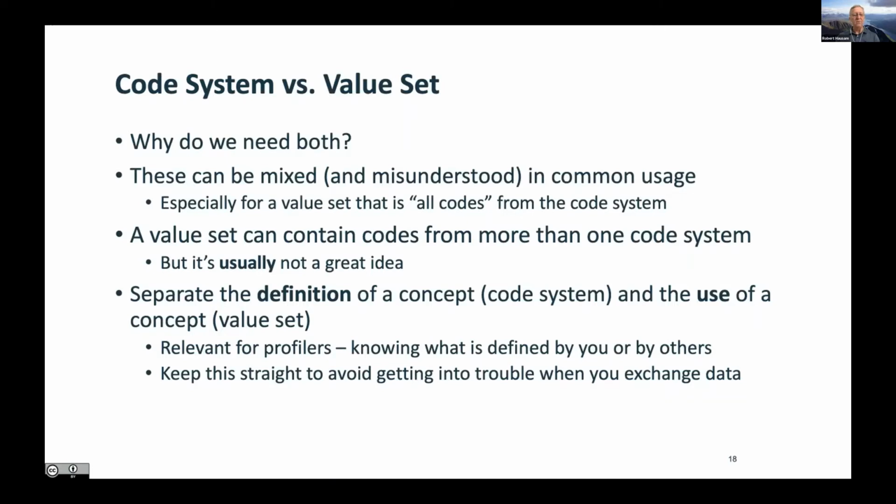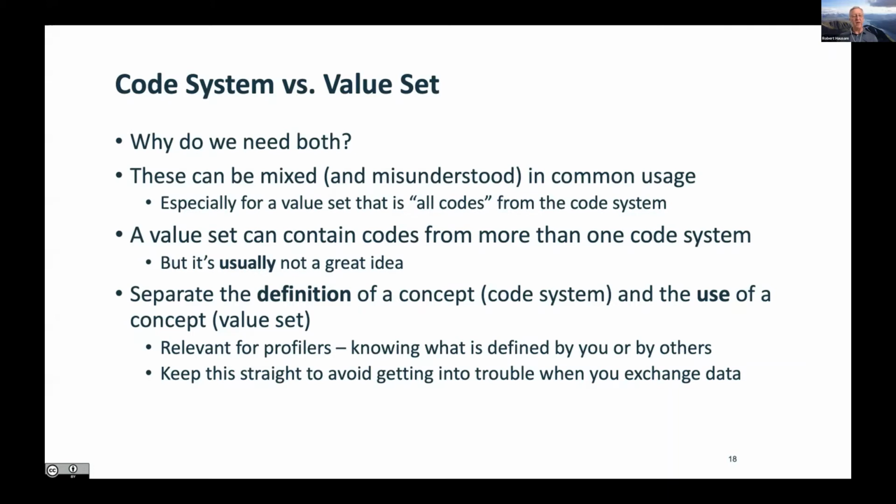And so this slide's about CodeSystem versus ValueSet, and why do we really need both of these? Because often they can be mixed up and misunderstood, especially for value sets that are defined, which sometimes they are, as all codes from a code system. Basically, they look like they're the same thing. But value sets can be a little different, and they can actually contain codes from more than one code system.